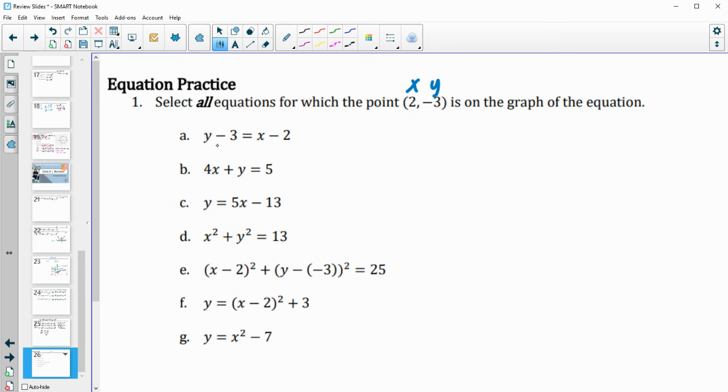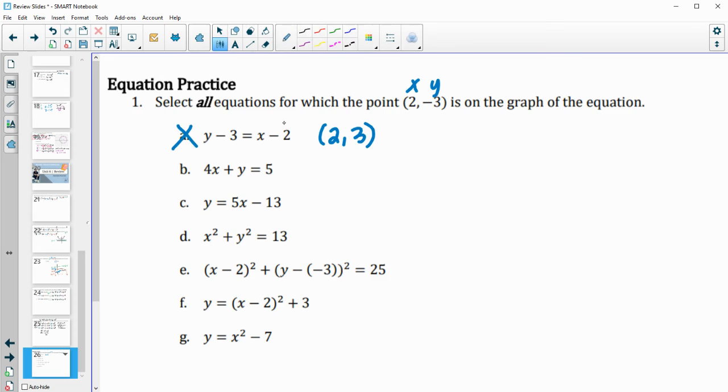You may also notice some, like in part A, that this is in point slope form. So that means that one of the points on this graph is the point (2, 3), because that's what we're subtracting from the x and y. So (2, 3) is on this line. If (2, 3) is on the line, (2, -3) cannot be, because then it wouldn't be a line. So you might notice that.